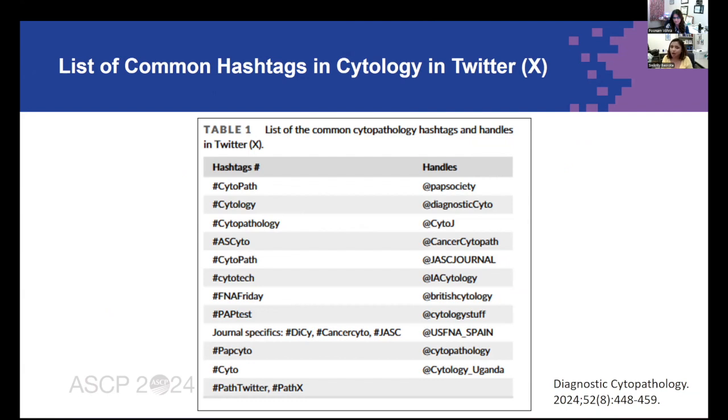And you will see hashtags specific to the journals like DICE, Cancer Cyto, JAS, and FNA Fridays, another famous hashtag, which was coined by one of our path colleagues, Dr. Jiang. And whenever you are talking about one specific organization, like the American Society of Cytopathology, it has ASC Cyto, the PAP Society has PAP Cyto, and so on.